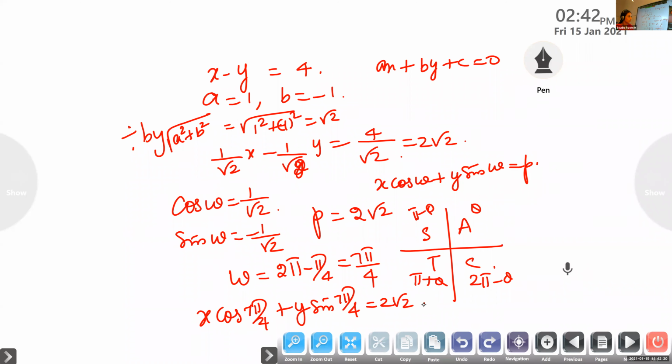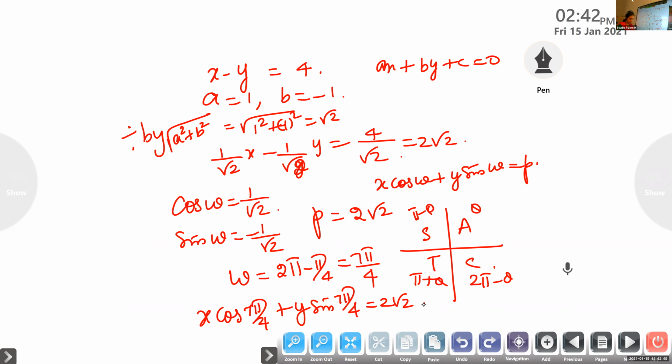Okay. Is it okay, children? That is how to convert the standard or general form of a line to normal form.